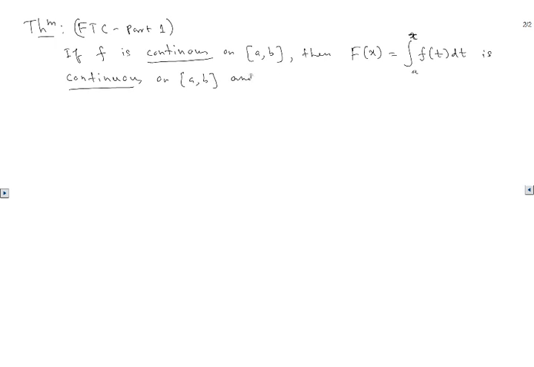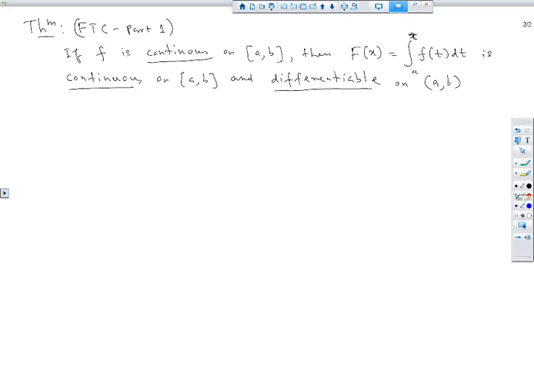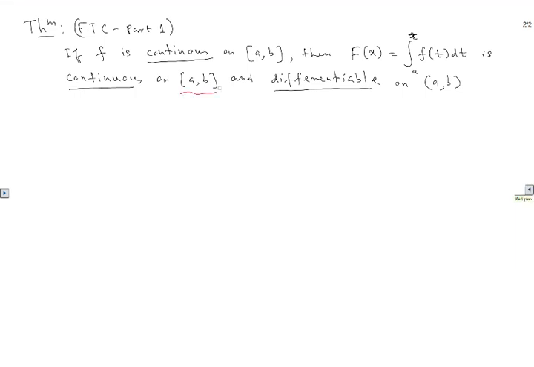The antiderivative is also continuous on [a, b] and differentiable on the open interval (a, b). So it is continuous on the closed interval and differentiable on the open interval.